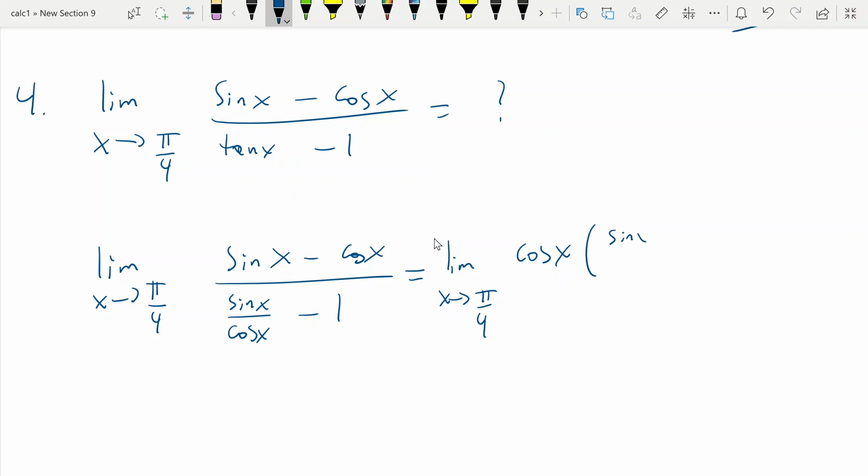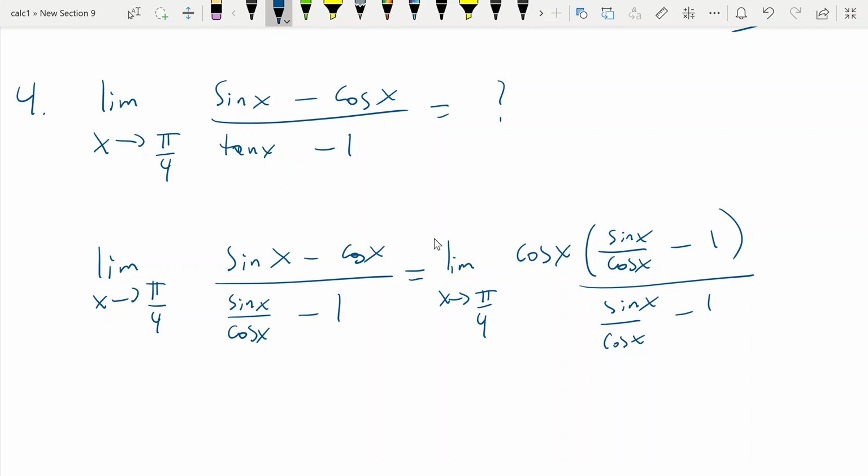To get sine, I need to divide by cosine of x. So when I bring the cosine inside, I just get sine. And the cosine here, the second term, just becomes cosine when I bring this inside. And now the bottom is sine of x over cosine of x minus 1.